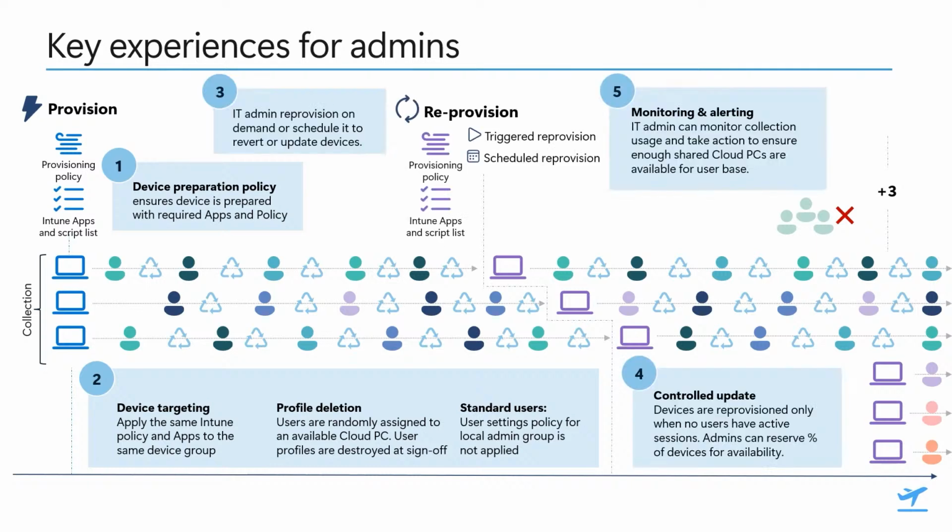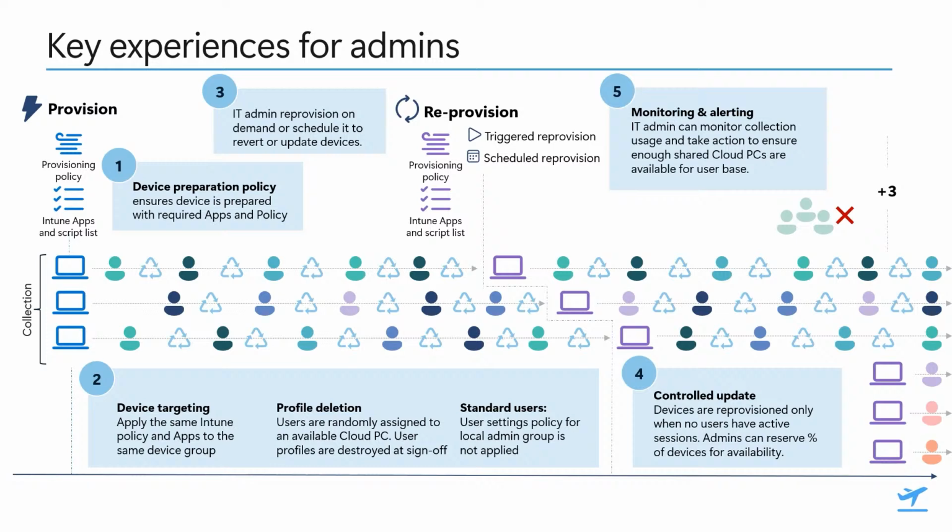The last thing I want to talk about here is the update process as well as the monitoring process. One key thing about Windows 365 Frontline is that it is built on a concurrency model. That concurrency model is a key feature that enables you to provide access to more users in your organization in a cost-effective way. At the same time, many of our customers want to be able to monitor: do they have the right amount of devices?